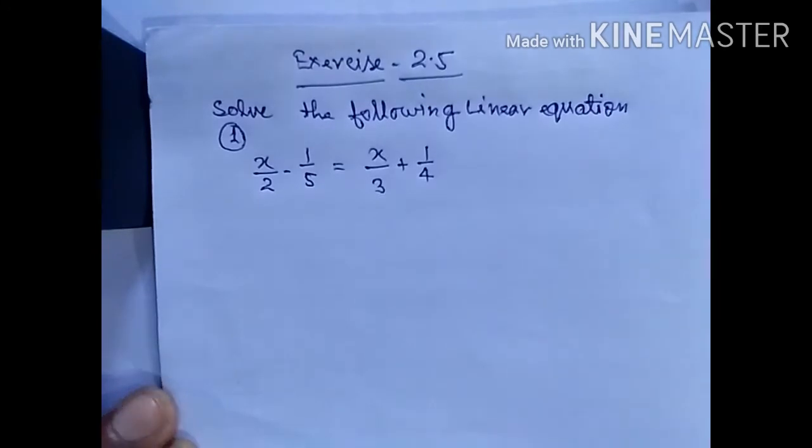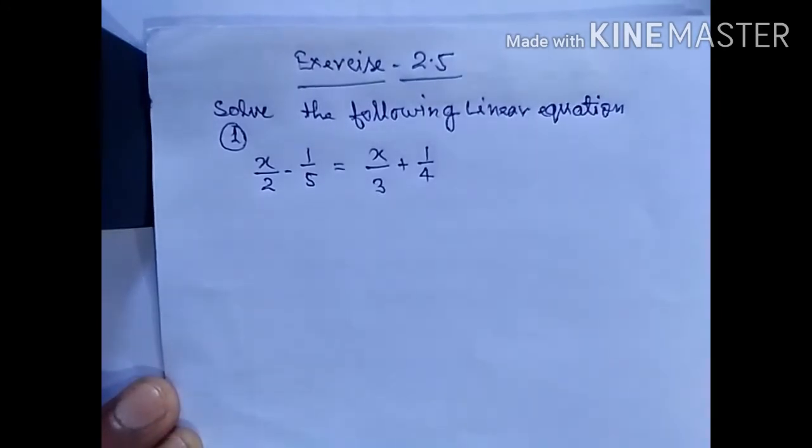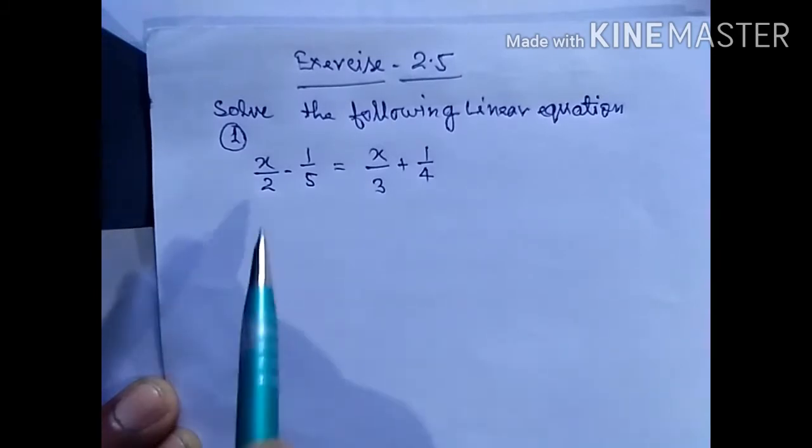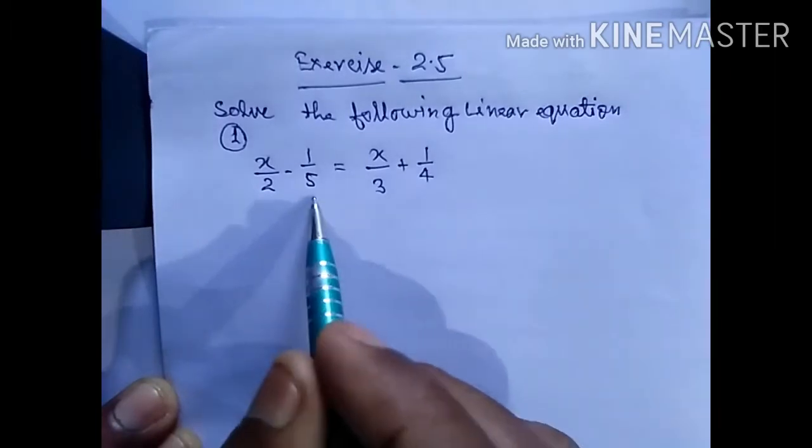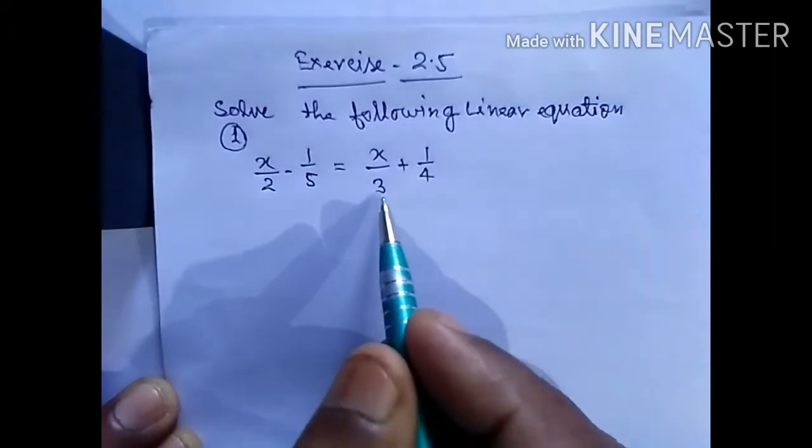First of all, we have to transpose the variables to one side and the numbers to the other side. This one is the left hand side of the equation and this one is the right hand side.